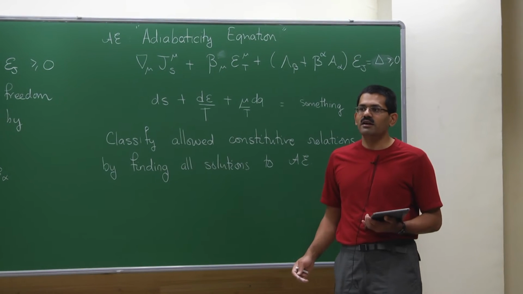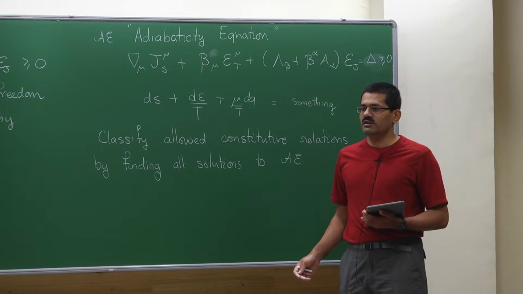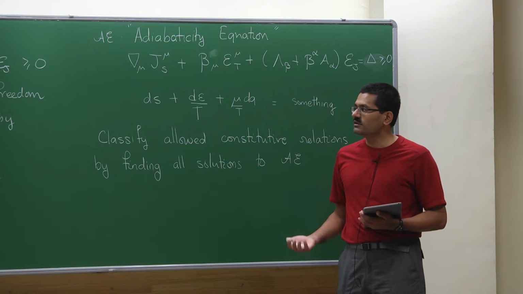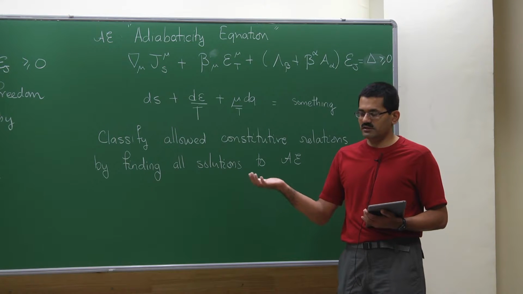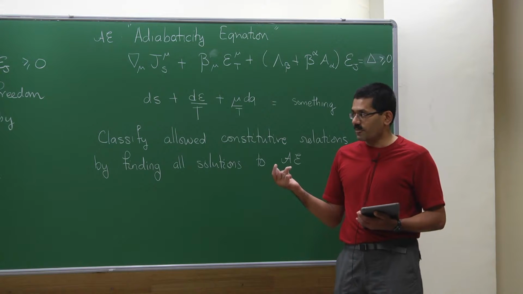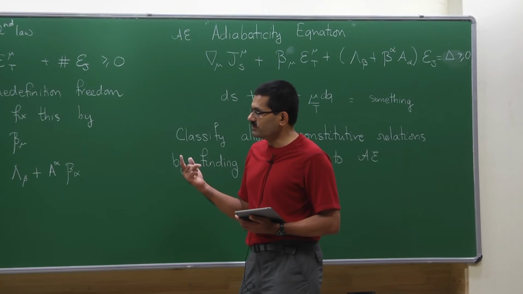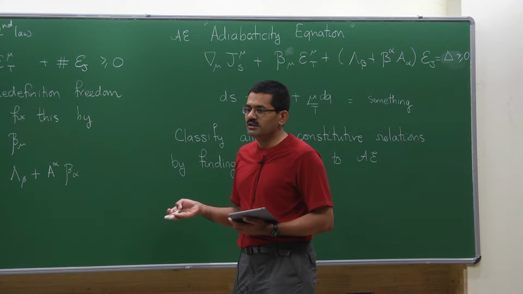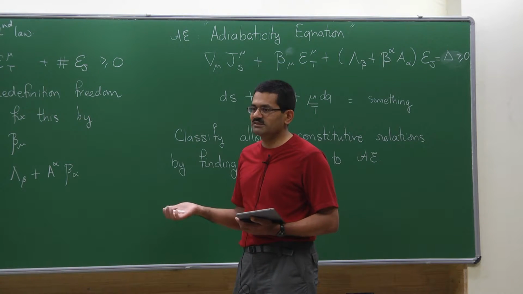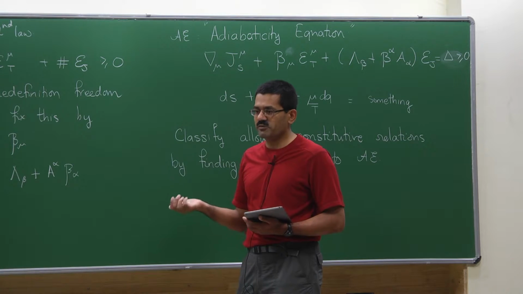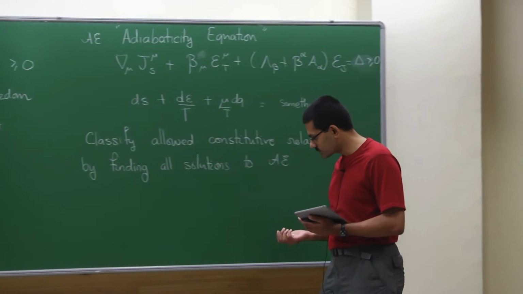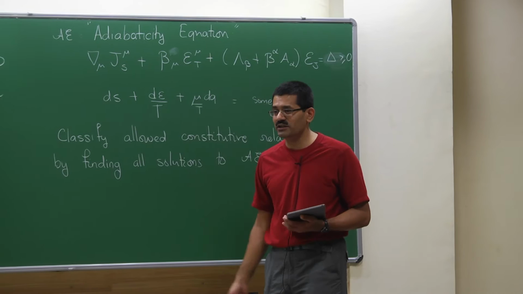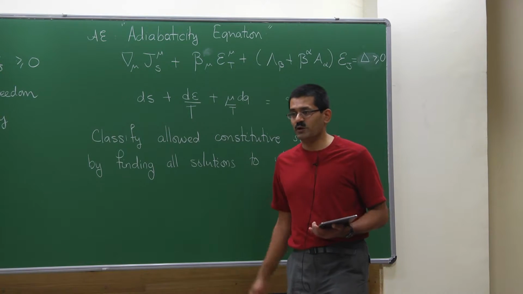Is it possible for the entropy current to be conserved, grad mu J mu S equals 0, but E mu and J mu not to be equal to 0? In other classes, a version of that statement will be true. For example, in class B, there will be no entropy production.